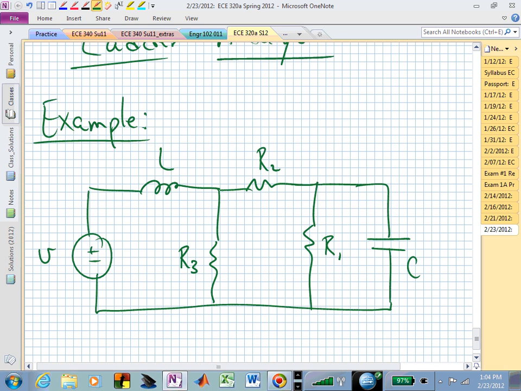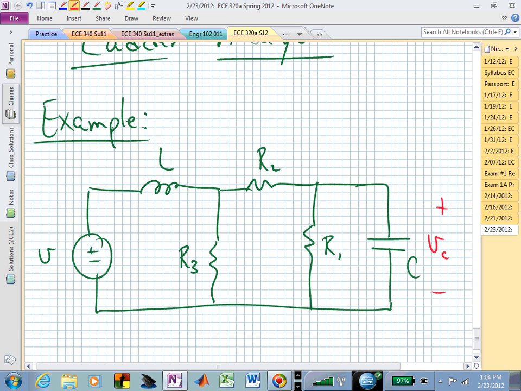What I want to do is write some governing differential equation. Well, maybe I'm getting ahead of myself. What order of differential equation would you anticipate finding from this circuit? Second order, because you have two energy storage devices.